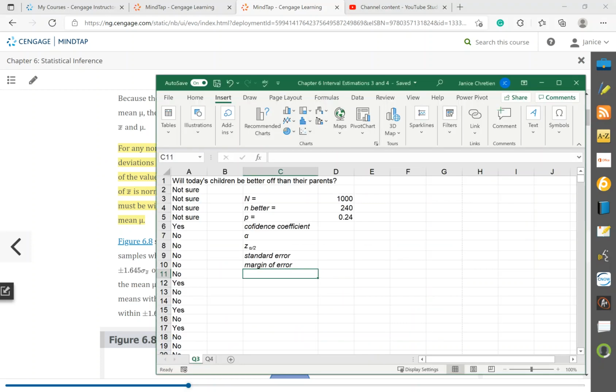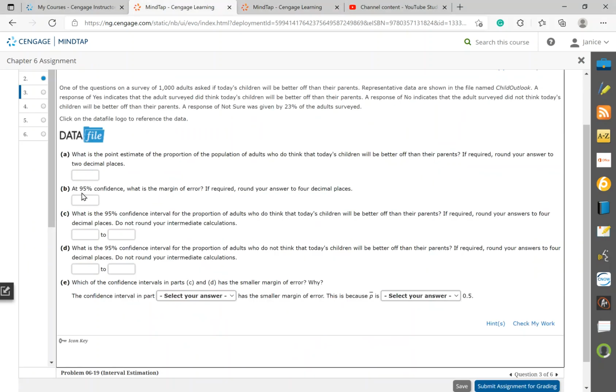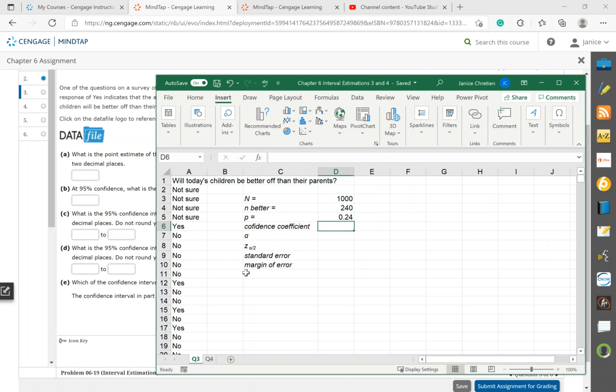It's really short. So my confidence coefficient in my question is at 95% confidence, so my confidence coefficient is 0.95. Now, the alpha is always going to be 1 minus your confidence coefficient.